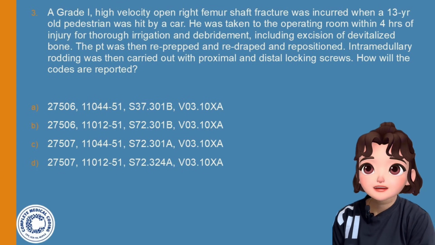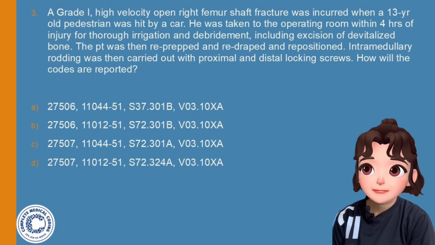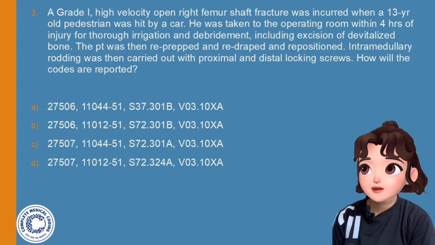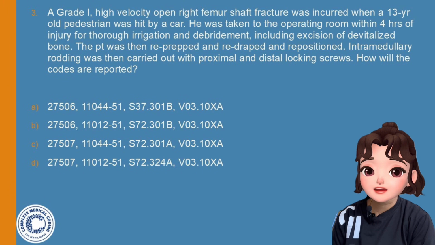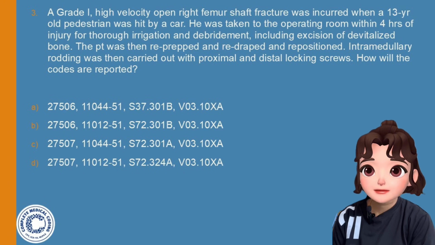Moving to the third question. A grade 1 high velocity open right femur shaft fracture was inferred when a 13-year-old pedestrian was hit by a car. He was taken to the operating room within 4 hours of injury for thorough irrigation and debridement, including excision of devitalized bone. The patient was then re-prepped and re-draped and repositioned.